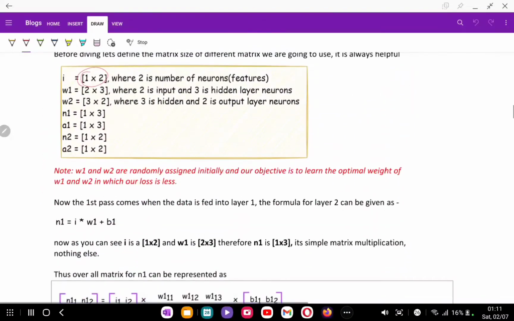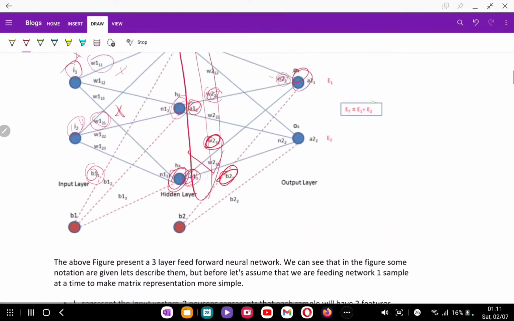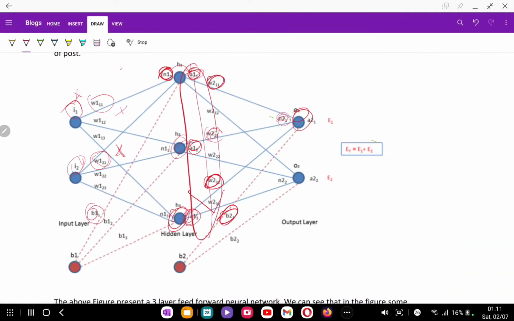And similarly your W1 is 2 by 3 because it has 2 neurons as input and 3 neurons as output. So that means your W2 should be 3 by 2 because 3 neurons as input, 2 neurons as output, right?